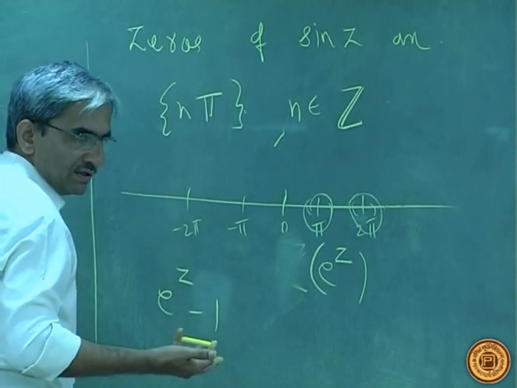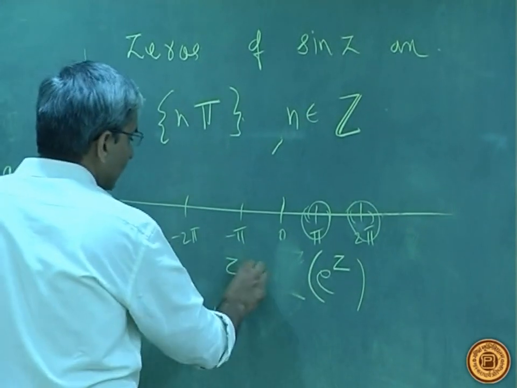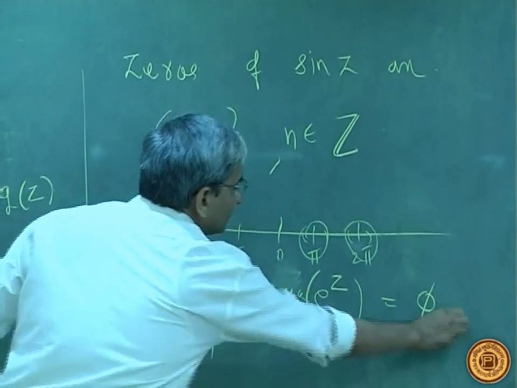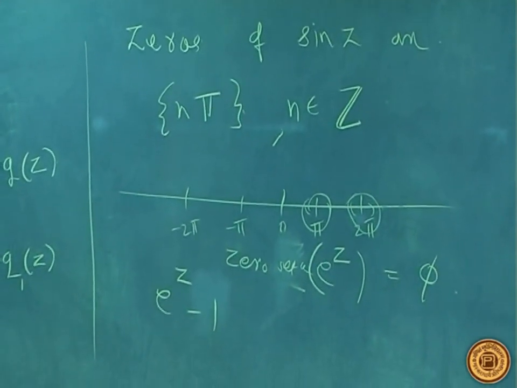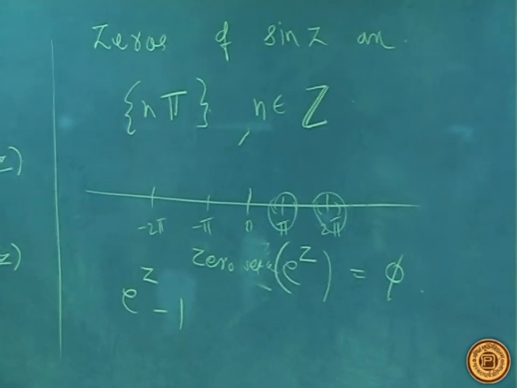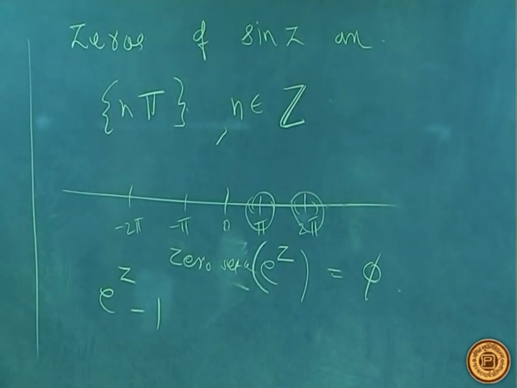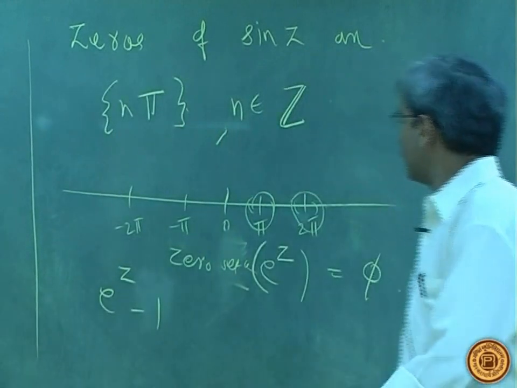There is no zero, it is empty. So the zero set of this is phi. Is this clear? What about e to the power z minus 1?